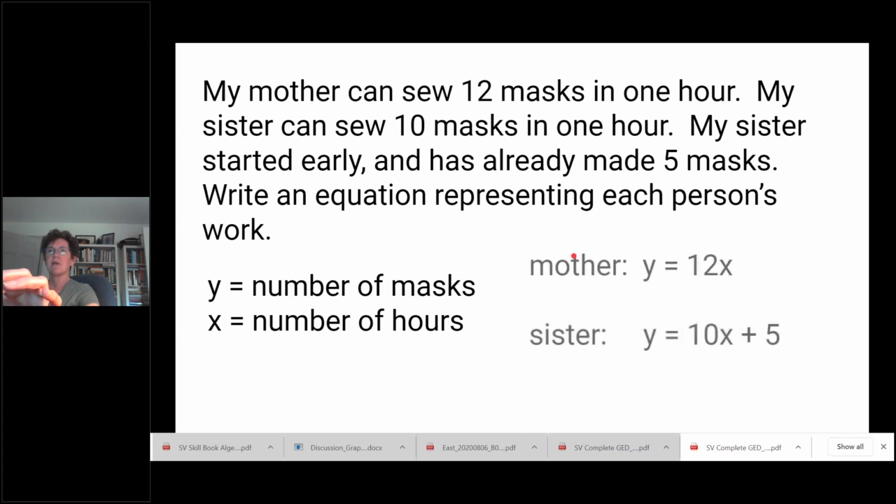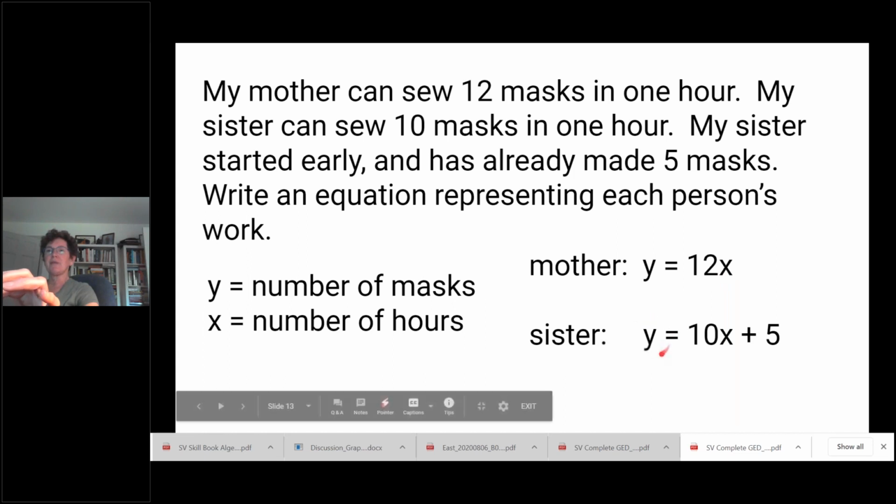So my mother can make how many total masks if she can make 12 masks per hour? My sister, how many can she make if she can make 10 masks per hour, but she got started early and she's already made 5? So there's our starting point of 5.